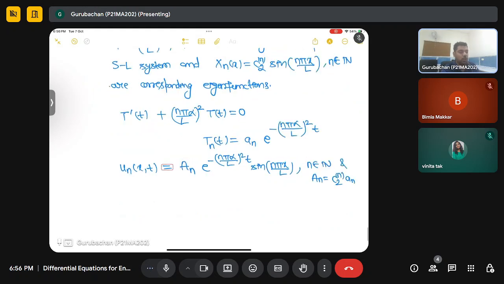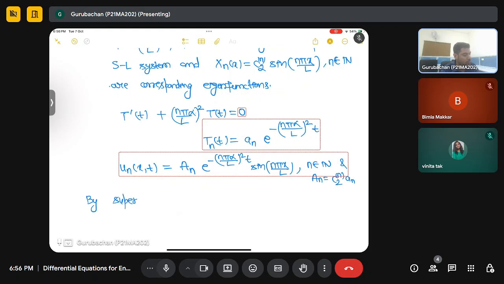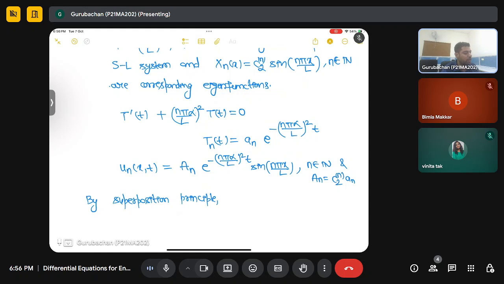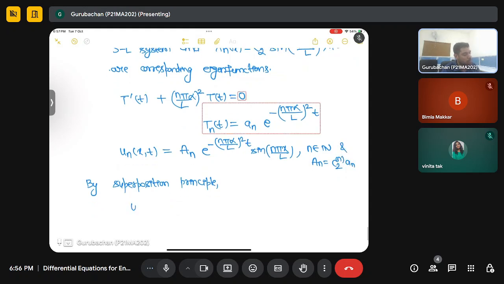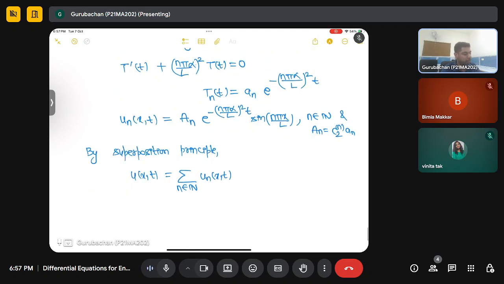So by the superposition principle, u of x, t is the summation of all these u n of x, t, because eigenvalues exist for every natural number.